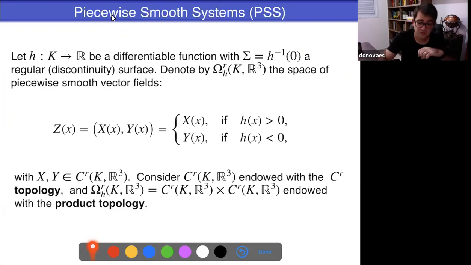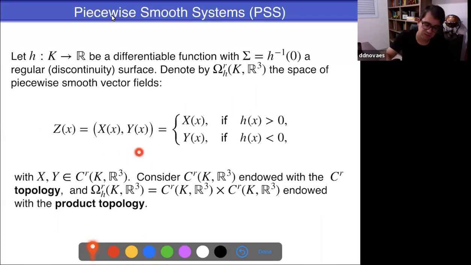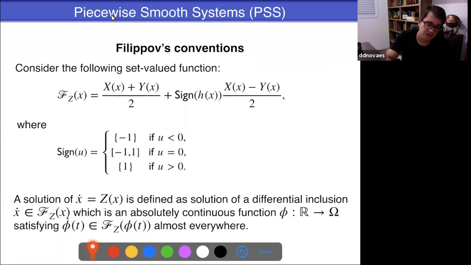Okay, this is overcome by the Filippov convention, where Filippov, instead of considering a differential equation to define the trajectories of a piecewise vector field, considers a differential inclusion. So given a piecewise smooth system like that, they define what is called, in the differential inclusions book, Filippov's regularization.